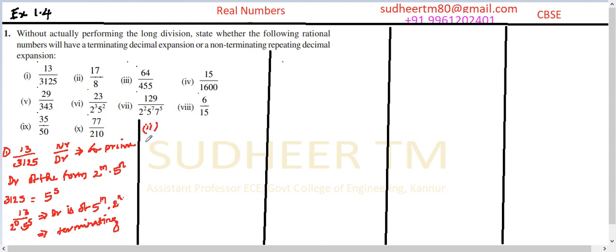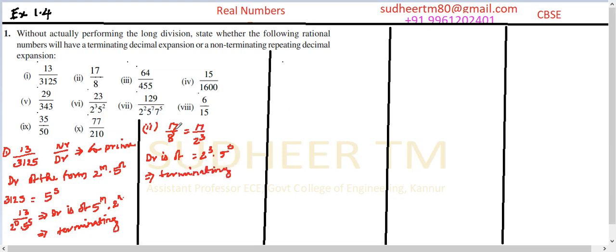Second one is given 17 divided by 8, which is equal to 17 divided by 2 raised to 3. There are no common factors between numerator and denominator, so they are co-prime, and the denominator is of the form 2 raised to 3 into 5 raised to 0, which is 2 raised to m into 5 raised to n, which means it is terminating.